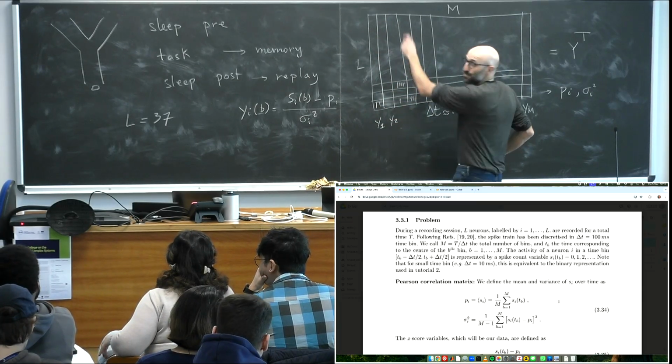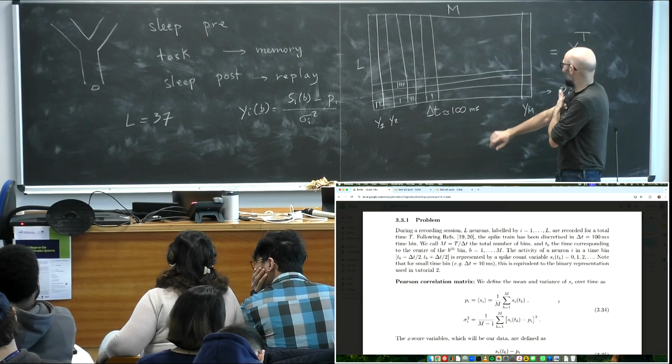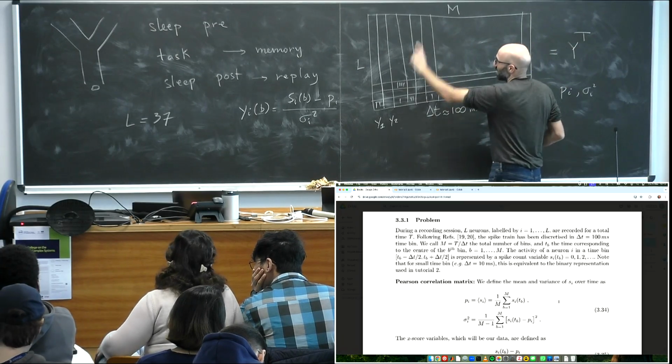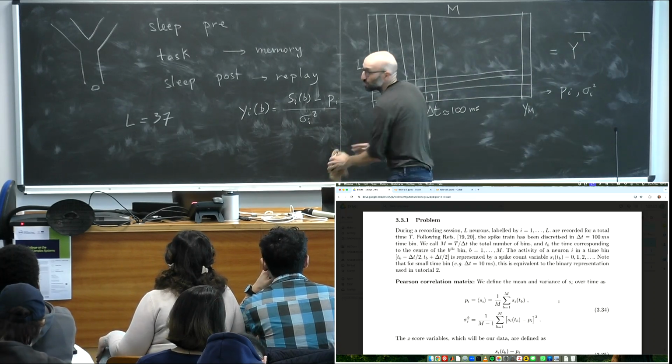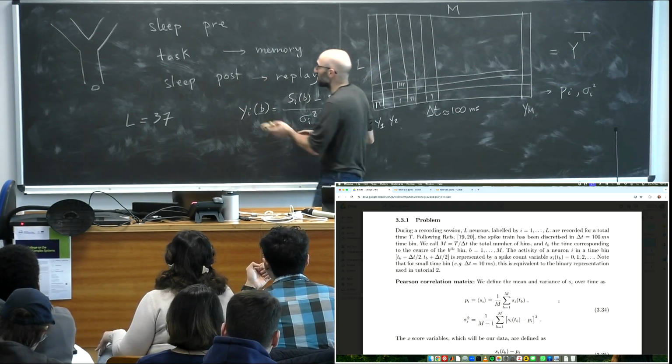They represent the activity of the neurons at each time. So now each column is a realization of the 37 neurons, and we want to compute the correlation to know if they are spiking together.